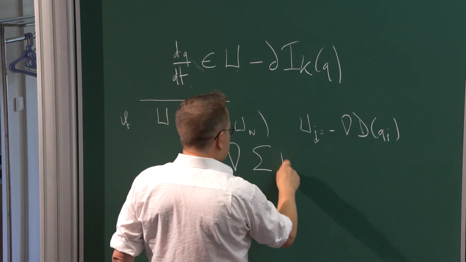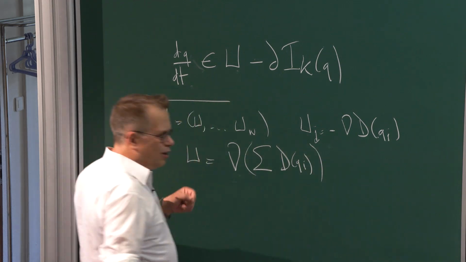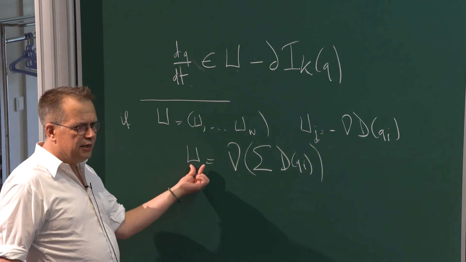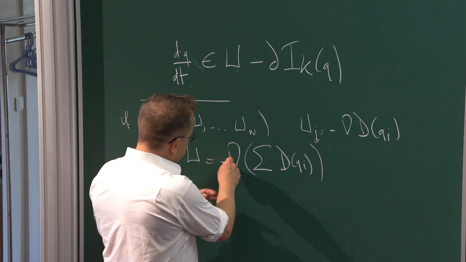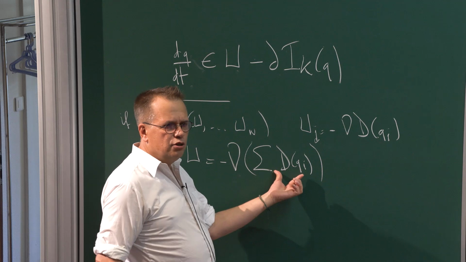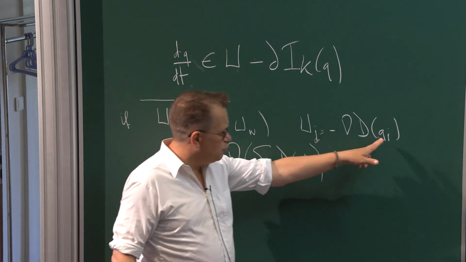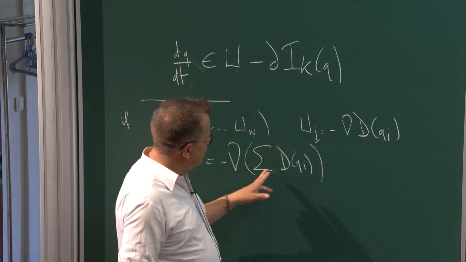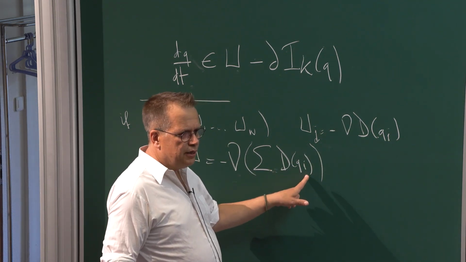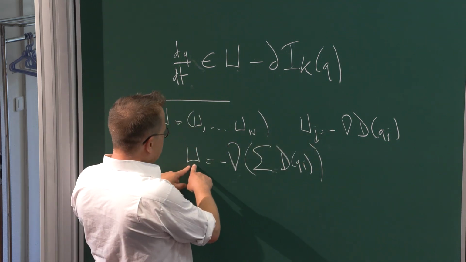And this is starting to be a bit more relevant in terms of modeling. What I am saying is that the global velocity is minus the gradient of the sum of insatisfaction or distances to the exit, because I have a sum of independent terms. When I take the derivative with respect to qi, then I get the corresponding term, etc. So with this assumption, I have that the capital U is that.